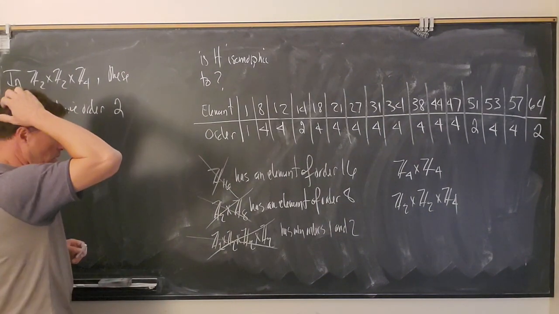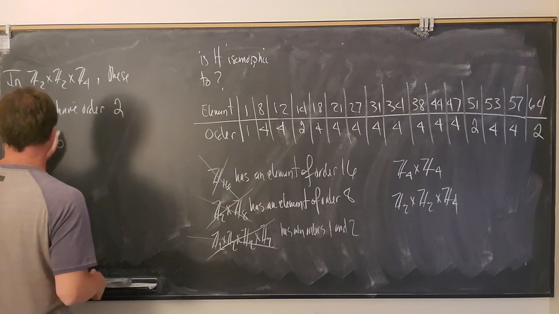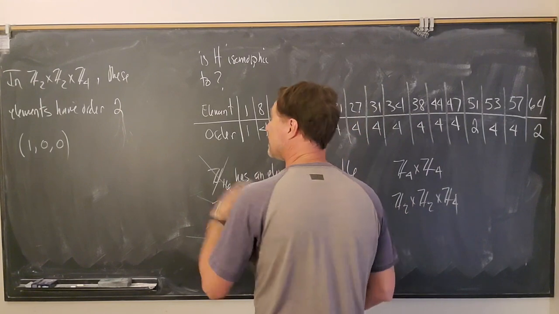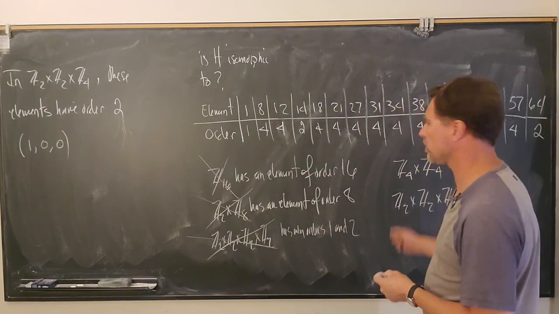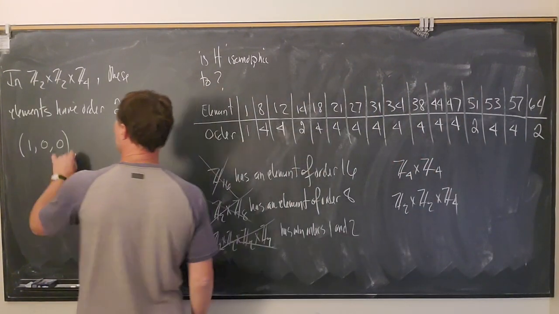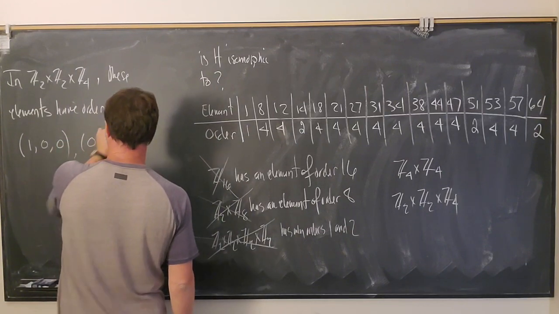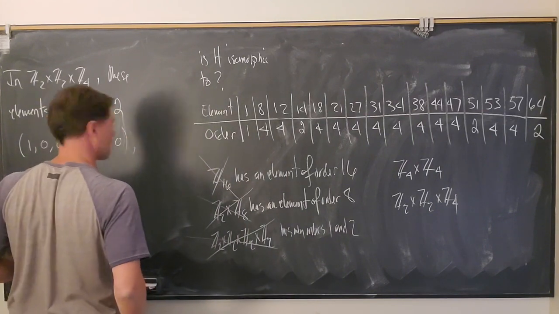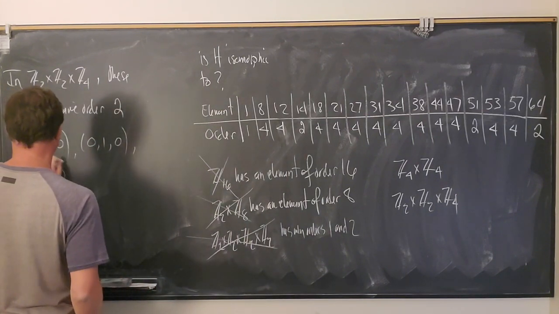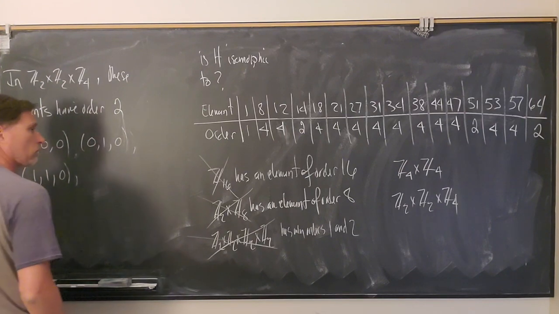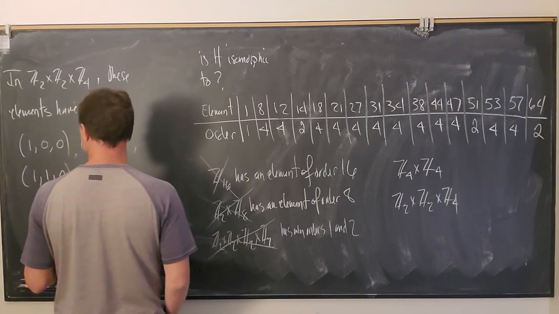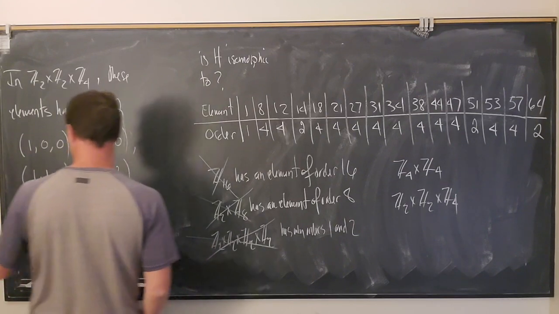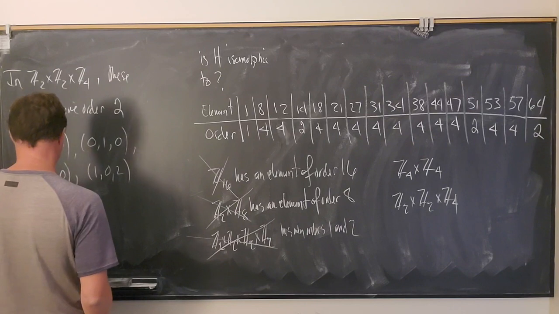How about 1, 0, 0? Add that one to itself, you get 0, 0, 0. So that one has order 2. 0, 1, 0 also has order 2. 1, 1, 0. 1, 0, 2. 0, 1, 2.